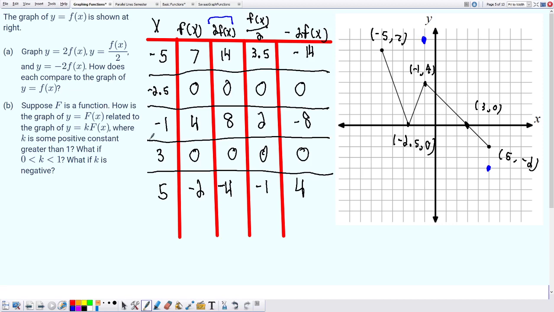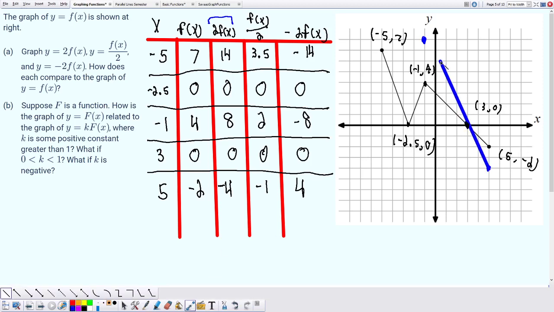But then we have this point, negative 5, but positive 14. It's a very large value, so we're just going to have to roll with what we got. So here is our new function. It goes down, and then it goes very, very high up, eventually hitting that 14.